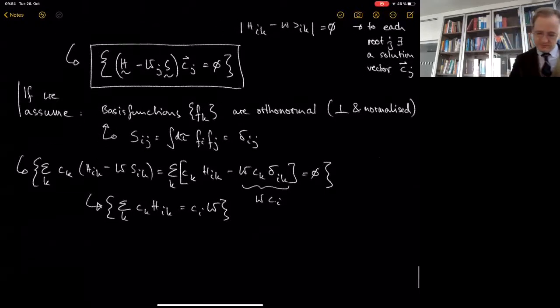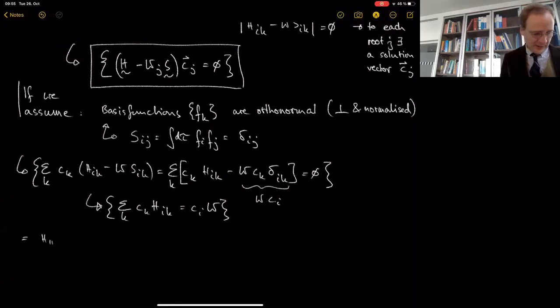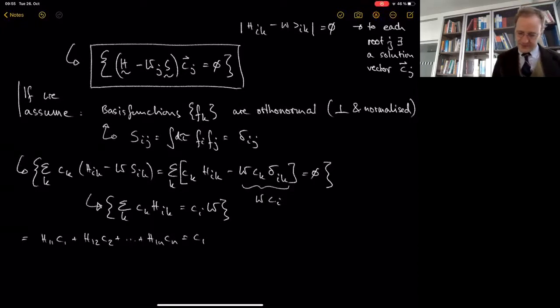And of course, this is still set for all the i's. So that's the same as writing H11 C1 plus H12 C2 and so on until H1n Cn equals C1 ω.